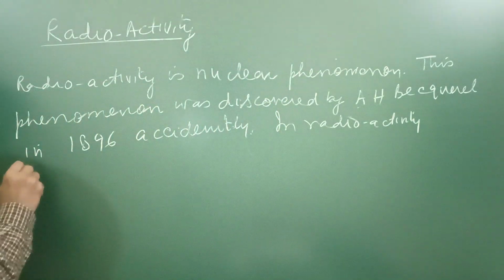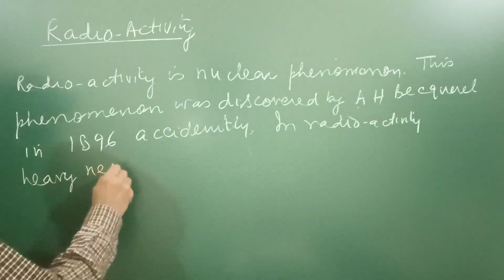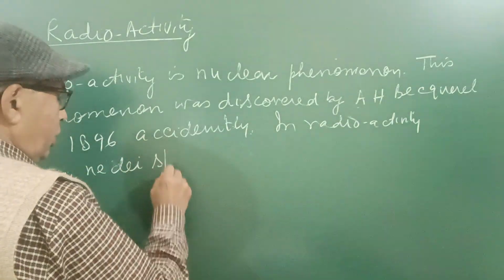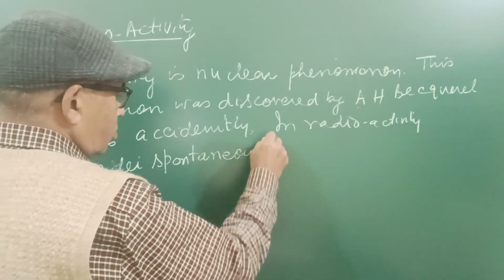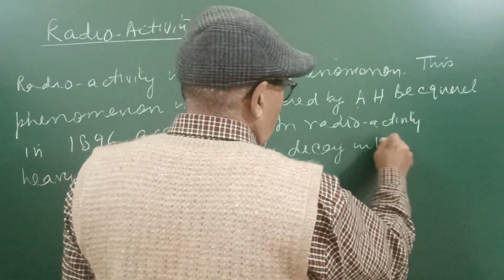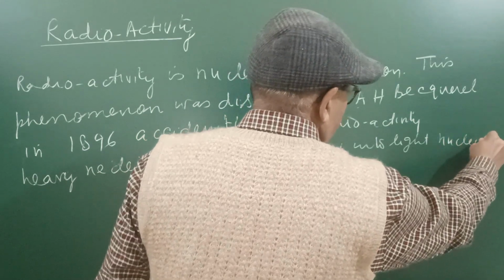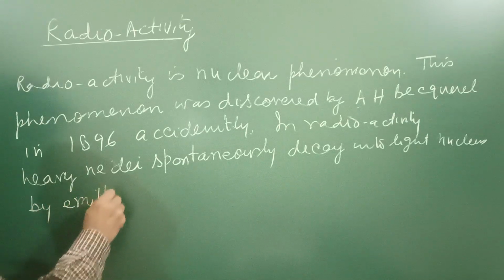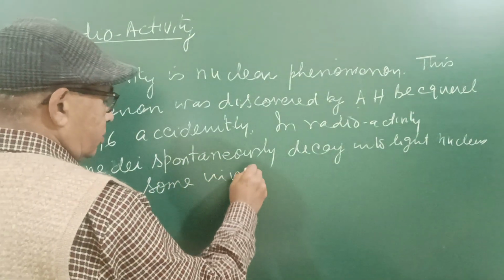Heavy nuclei spontaneously decay into lighter nuclei by emitting some invisible radiation.